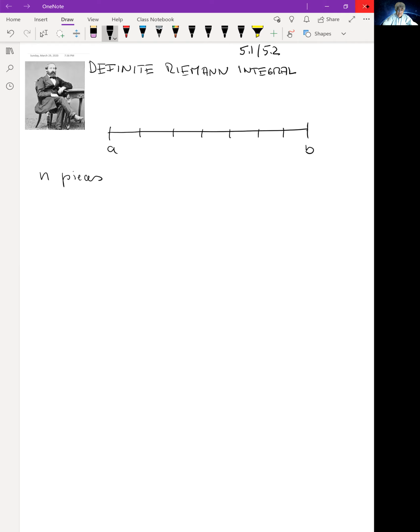In our case, how many pieces do we have? 1, 2, 3, 4, 5, 6, 7. So in our case, n would be 7 pieces.